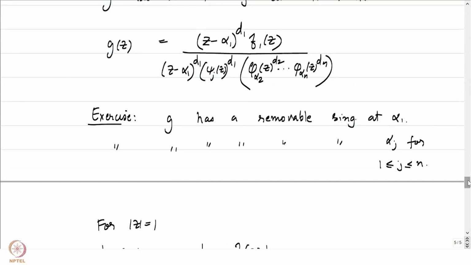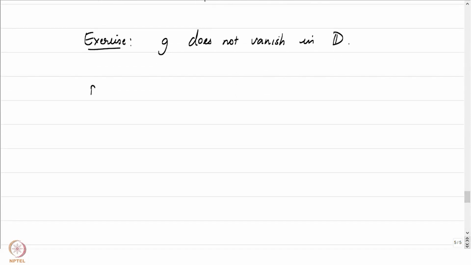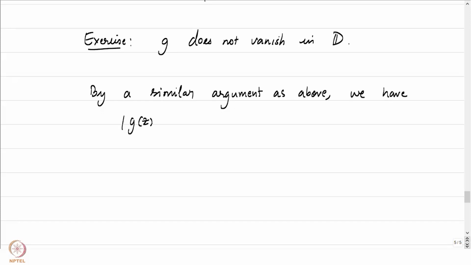But notice what we have done here. So again, next exercise for you. G does not vanish in the unit disk, and by the maximum modulus principle argument above, let me just write it as by a similar argument as above, we have that the absolute value of g of z is a constant function.